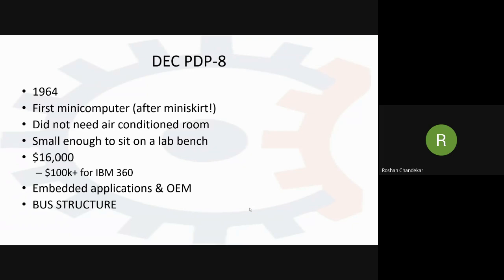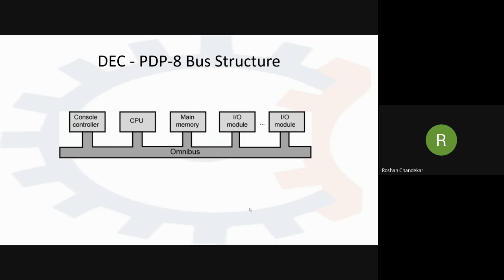Costing $16,000. Embedded applications, as you know, where we use assembly language, and the bus structure, that is the data bus for transferring data, is used here. This is the PDP-8 bus structure: the console controller, CPU, main memory, input-output modules, and so on.